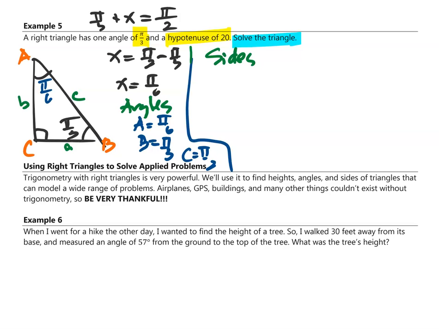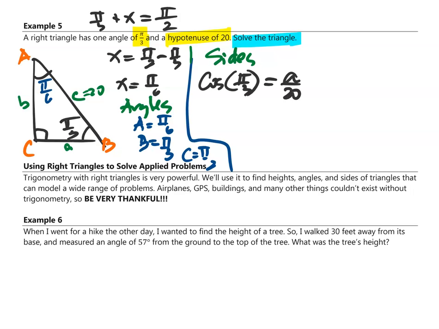So what do we have here? Hypotenuse is 20, so C is equal to 20. Now we want to solve for A and B. So we can start with, using pi over 3, solving for A, we need the adjacent side, so we can use cosine of pi over 3 is equal to adjacent over hypotenuse, so A over 20.